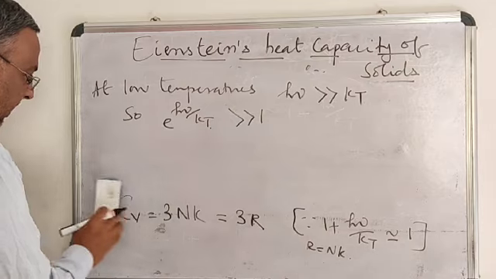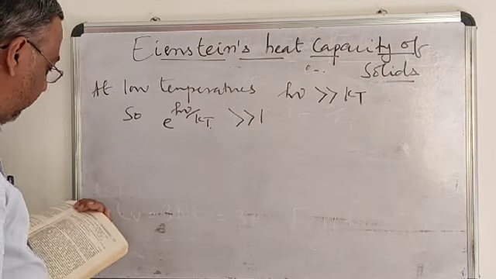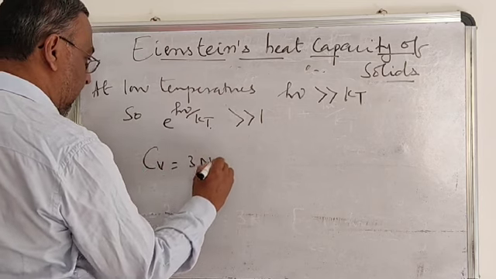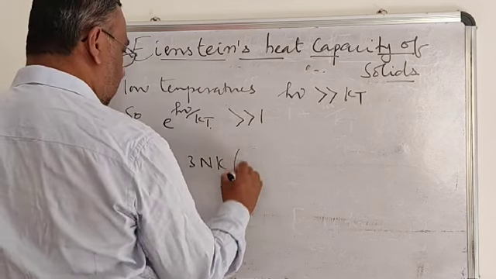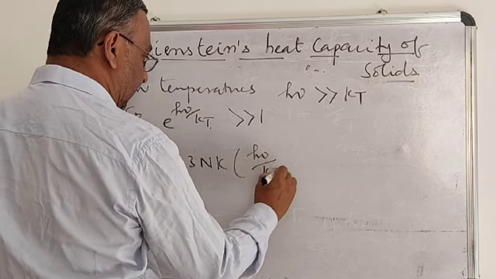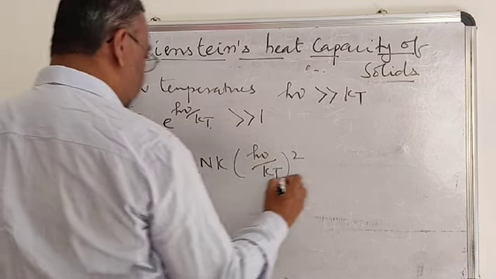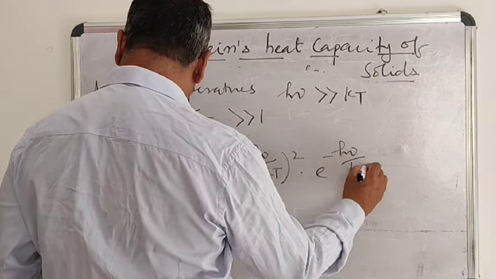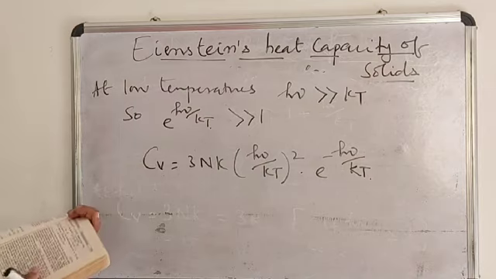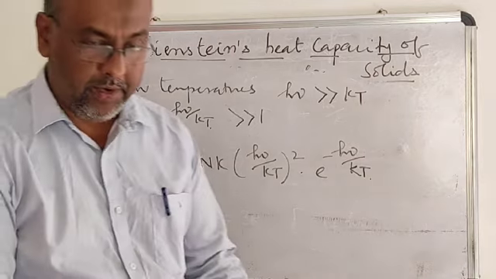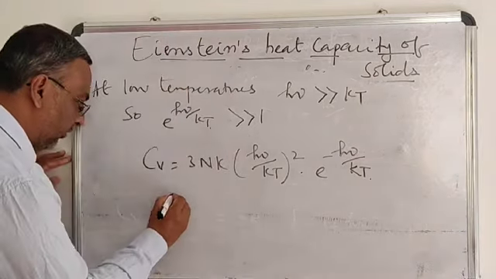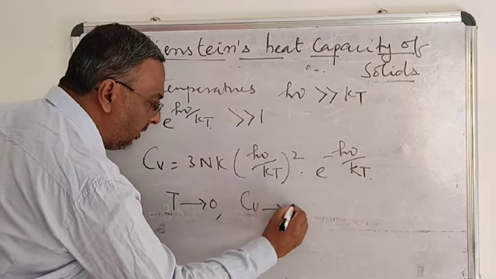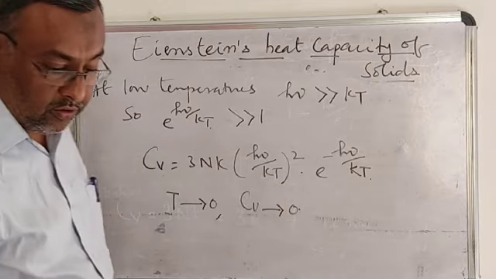Therefore, this equation I can write as Cv is equal to 3Nk (hν/kT)² into e^(−hν/kT). So therefore, when temperature reduces to 0, Cv also becomes equal to 0.